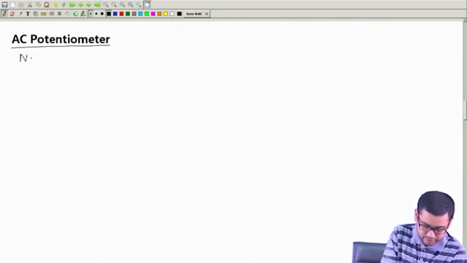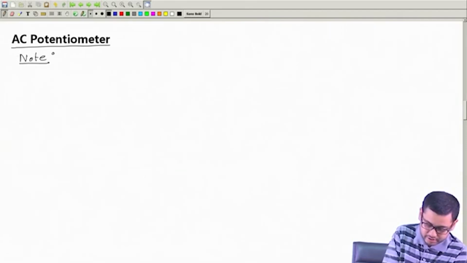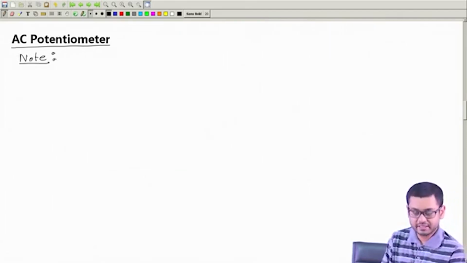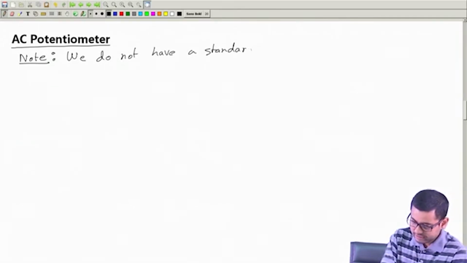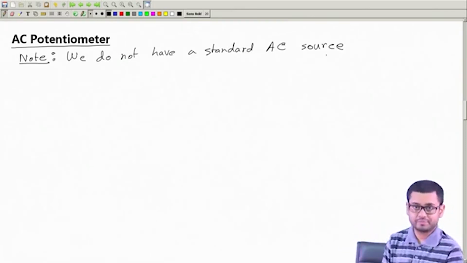The first difficulty that we have when measuring AC voltage with a potentiometer is that there is no standard AC cell. We do not have a standard AC source which we can rely on, whose value does not change with any factor.